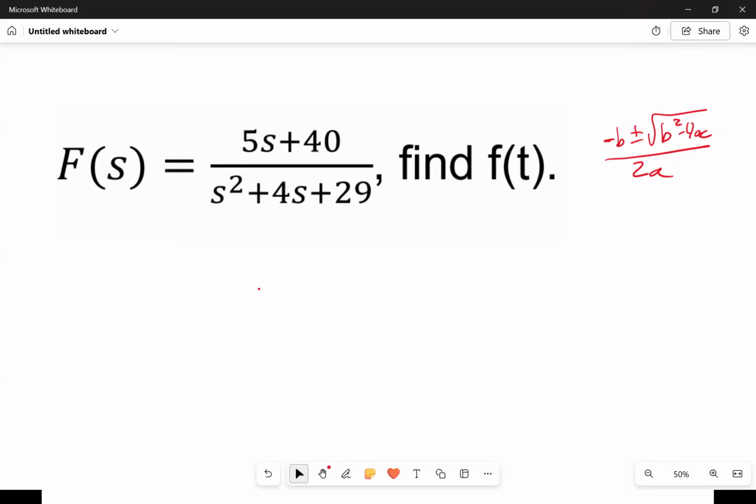Well, 16 minus 4 times 29, I think is, okay, looking at that, right? Give people a couple more minutes to see what to do.